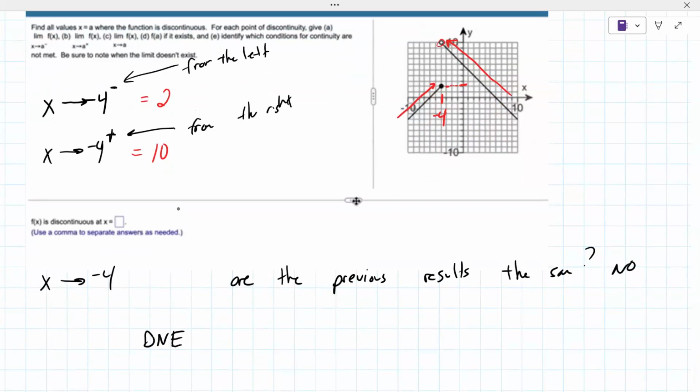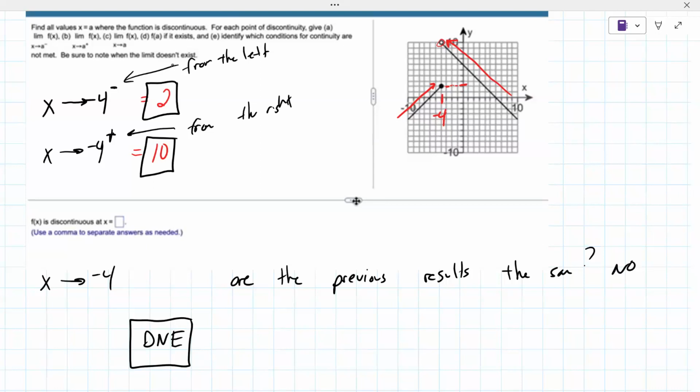And we did one like that earlier where it did not exist. It said that's incorrect. Carefully re-examine the graph, find the limit as x approaches a from the left. Oh, the first one is this 2. And then the second one will be 10. And then the last one is D and E. So I just enter 2 comma 10.